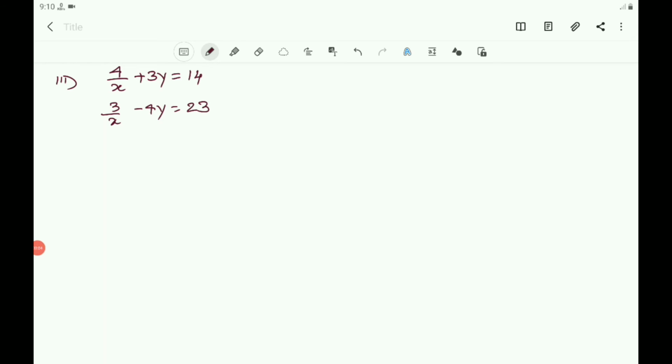Here the third question is 4 by x plus 3y is equal to 14, and 3 by x minus 4y is equal to 23. Take the first one, 4 by x plus 3y is equal to 14, and this can be written as 4 into 1 by x plus 3y is equal to 14.